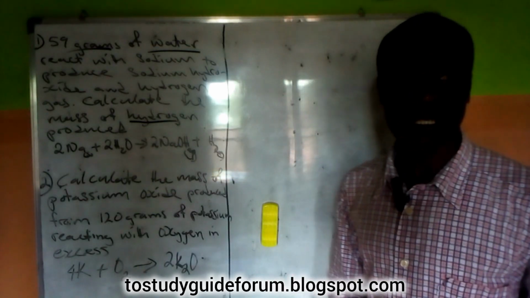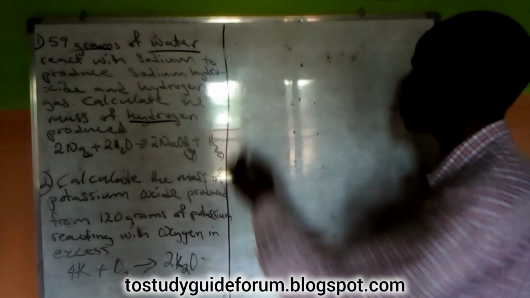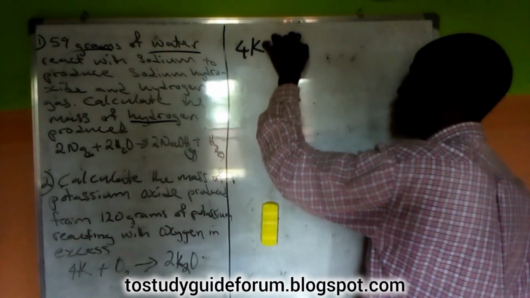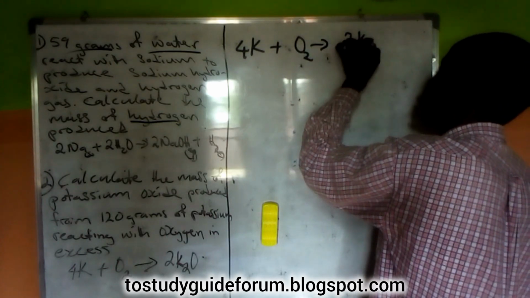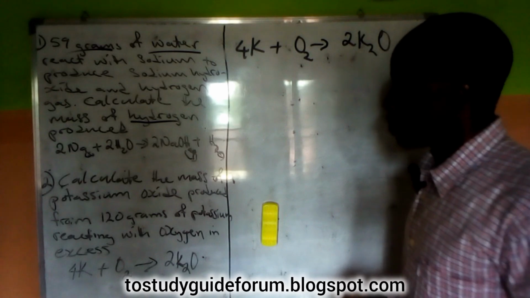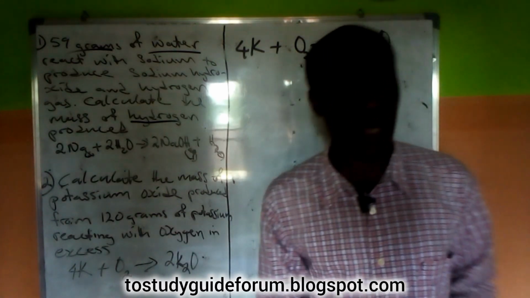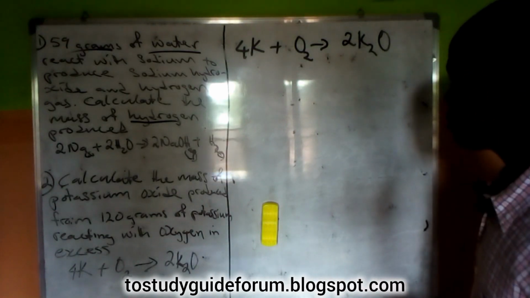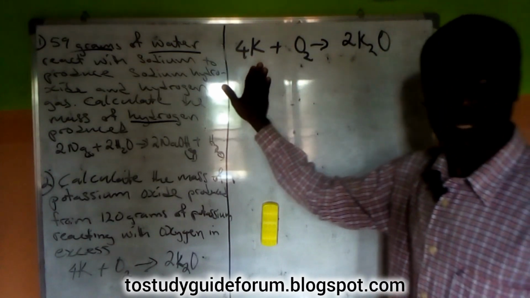So in this case, let's look at the balanced chemical equation of what we are asked to find out. From this balanced chemical equation, we are going to calculate using the mass.